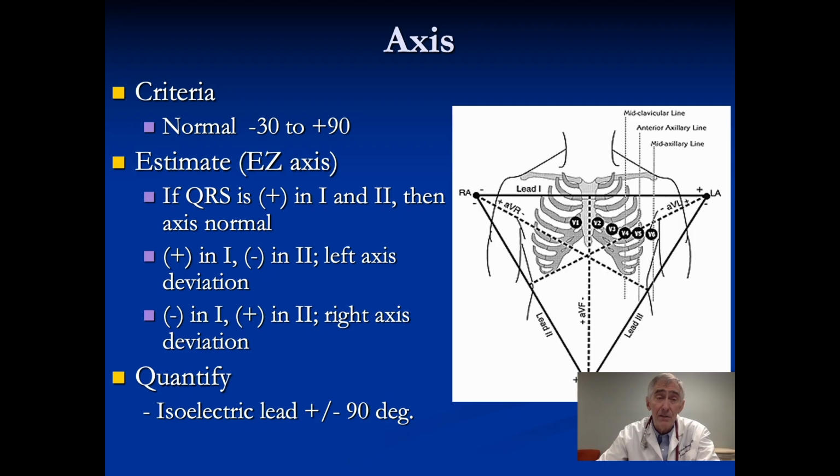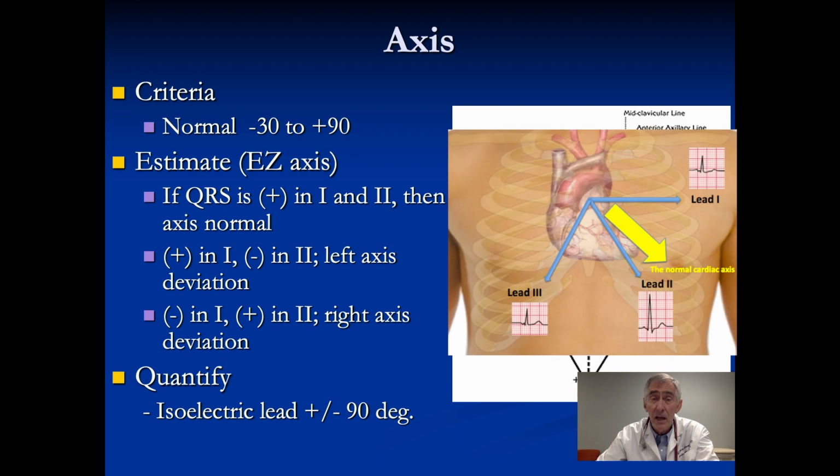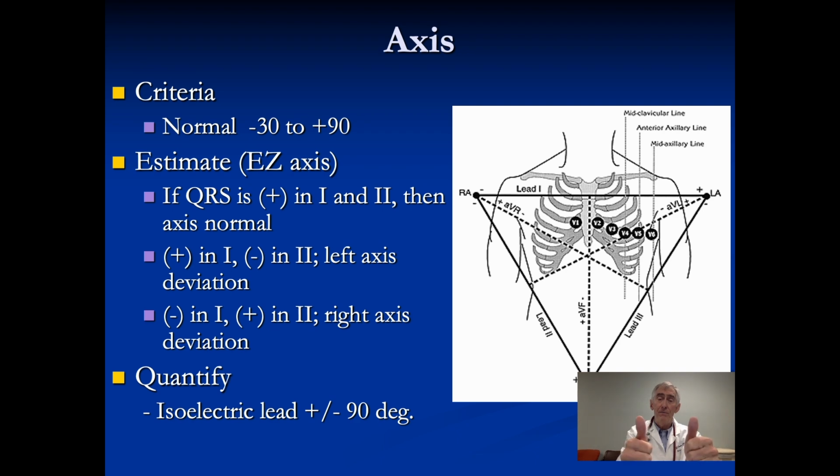If the QRS is positive in 1, in other words, it's going this way, and if it's positive in 2, then it's going down this way, then it's normal. The USU students taught me that if you use your thumbs like this, and the left thumb is lead 1, and the right thumb is lead 2, if it's negative in 1, down this way, and positive in 2, it is right axis deviation.